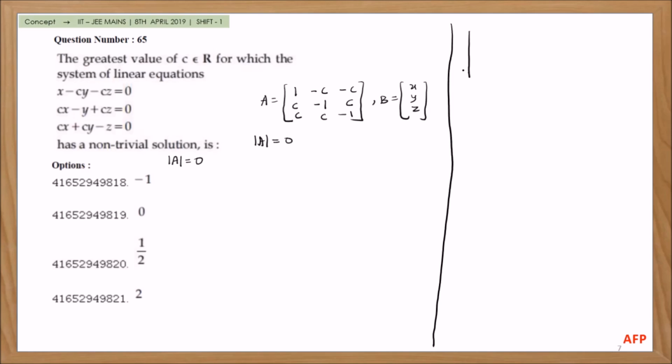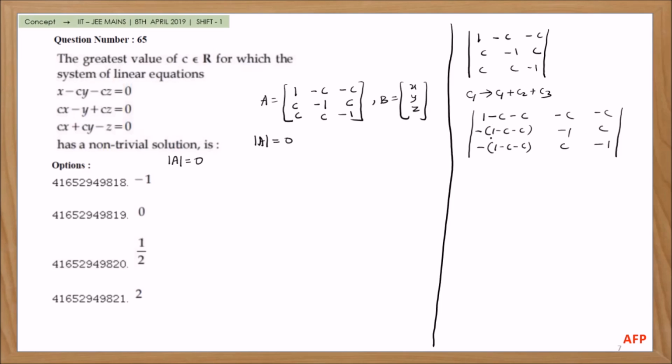So in the determinant we can take C1 changes to C1 plus C2 plus C3. So this implies 1 minus 2c, and I will take the common factor out, rest of the things as it is. If I take the same element common, 1 minus 2c is outside, then 1, 1, 1; minus c, minus 1, c; minus c, c, minus 1.